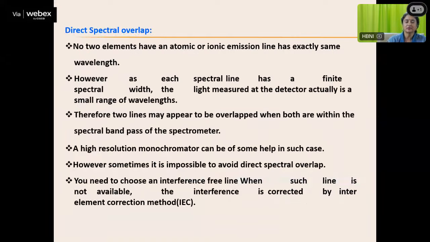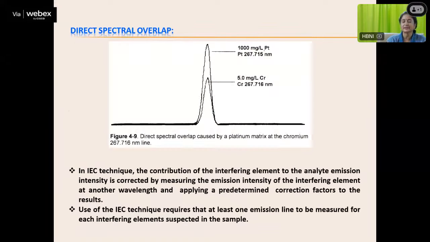Now, direct spectral overlap is also there. When there is direct spectral overlap, you have to either use the IEC technique, where the contribution of the interfering element to the analyte emission intensity is corrected by measuring the emission intensity of the interfering element at another wavelength and applying a predetermined or calculated mathematical correction.